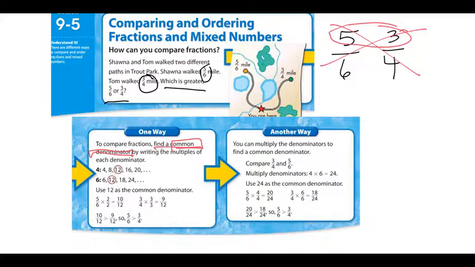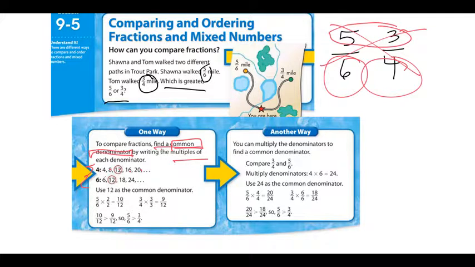So we're going to have to write the multiples of each denominator. So notice that they did that here. One denominator is 4, one is 6. Okay, we have to compare the same size pieces. So that's why we're doing this. Listing the multiples is like saying 4 times 1, 4 times 2, 4 times 3, 4 times 4, 4 times 5, and you just list out a bunch of numbers.